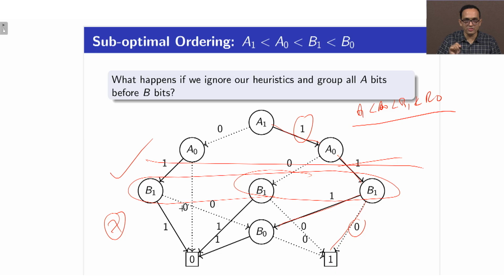That is why all these nodes are coming. Only when I have B1 can I take some decision. Even if you put B0, A0 first, so here A1, A0, B1 and B0, if you put B0 above this, then it will be worse. You have more nodes, because you cannot take a decision until you get to B1.